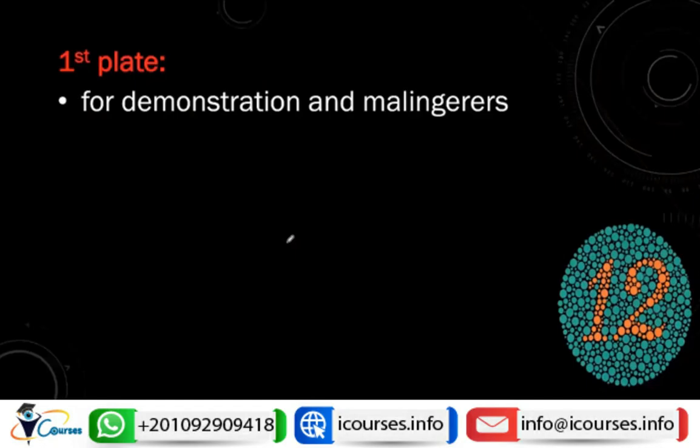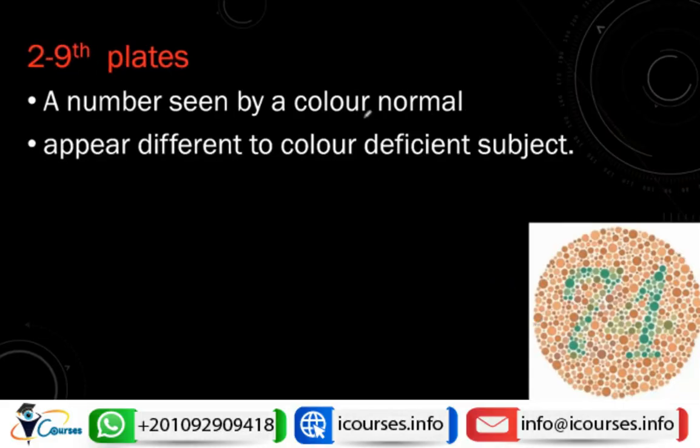The plates have different functions. The first plate is usually for demonstration and for malingerers, so even malingerers or the color blind will be able to see the number in the first plate. Plates two to nine are seen by normal individuals, but if the patient has some deficiency in color vision, they will fail to respond correctly.